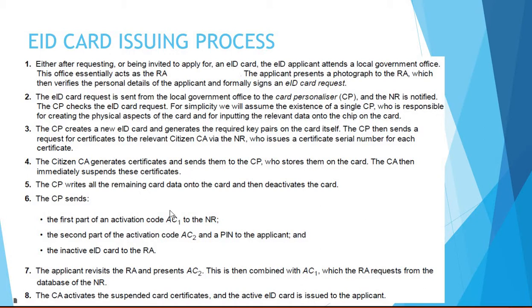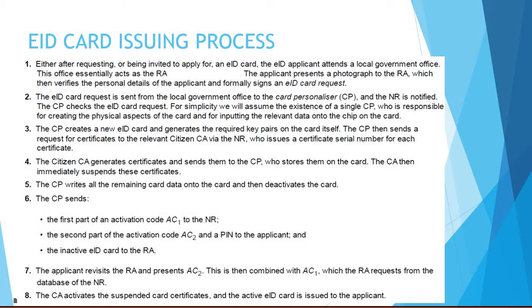Then all the remaining identity details go into the identity file, and address details into the address file, so everything will be written. Okay, so in this way the card will be issued.